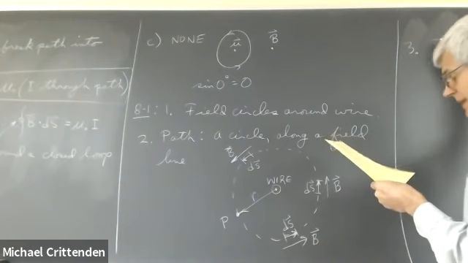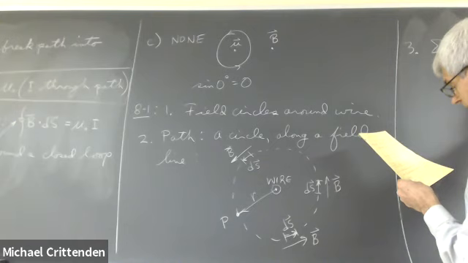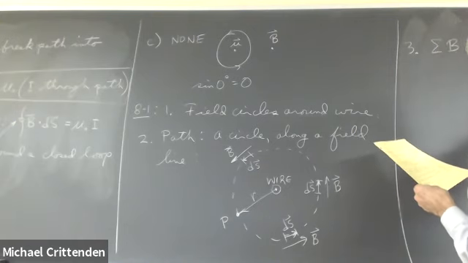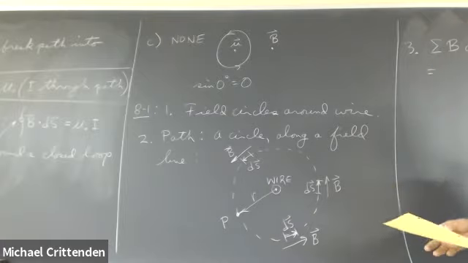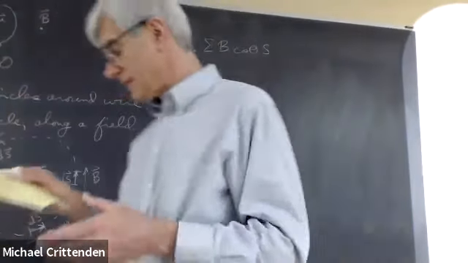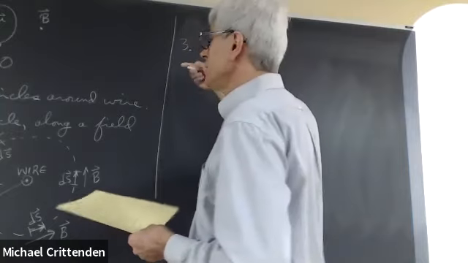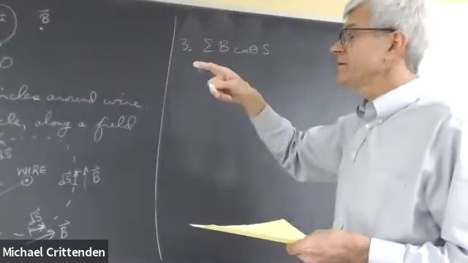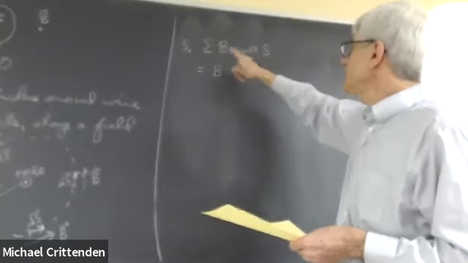Well, going with what I have written in the box, it says the summation of B cosine theta times delta s, the dot product, but you don't need to break it into several pieces. Just for the entire path, it's B cosine theta times s.